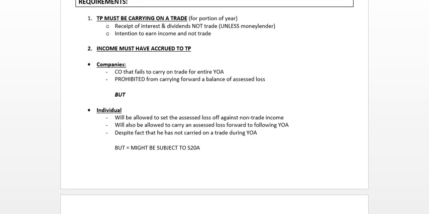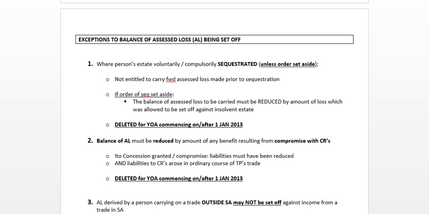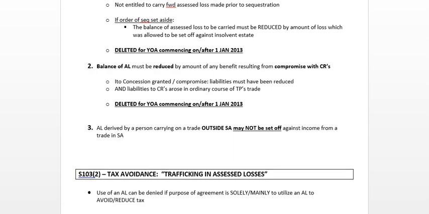So the requirements are that the taxpayer be carrying on a trade, income must have accrued to the taxpayer, and exceptions to balance of assessed loss being set off, so that when the person's estate is voluntarily or compulsorily sequestrated, then you're not entitled to carry forward the assessed loss made prior to this sequestration.